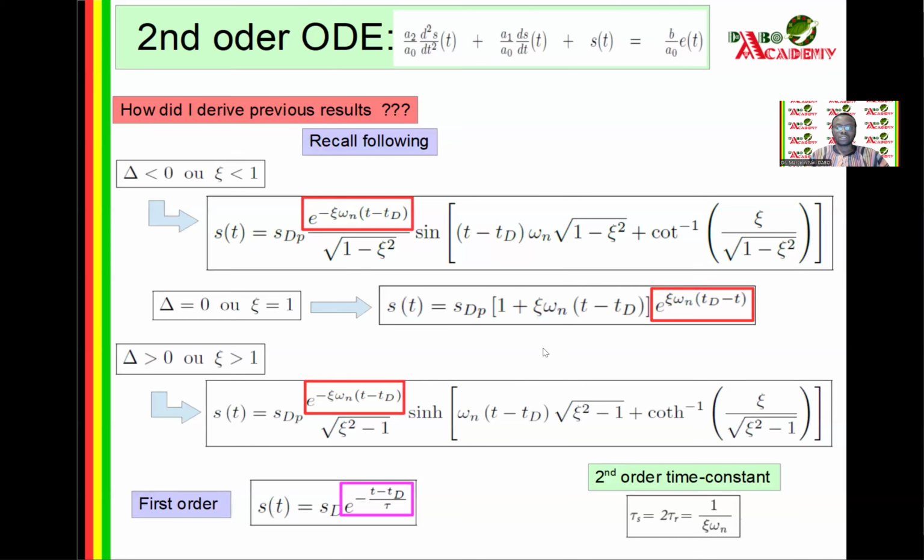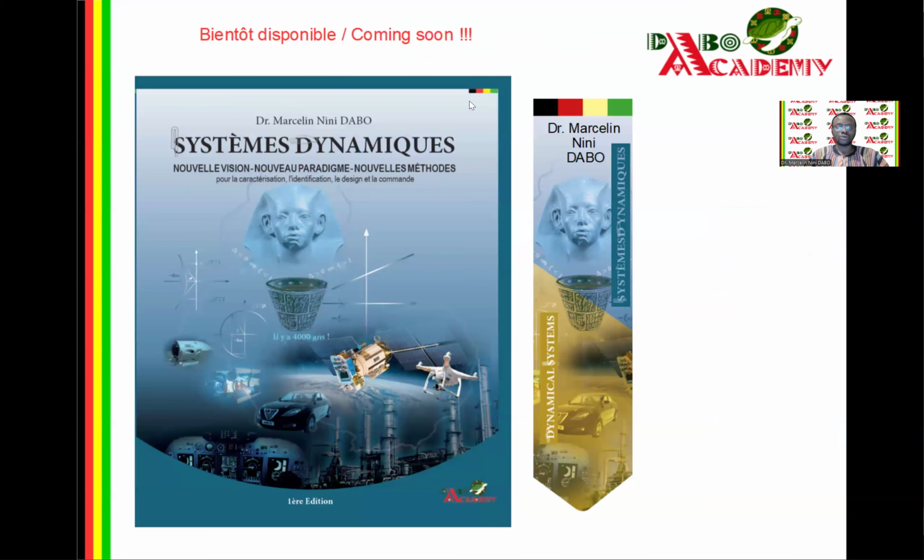So, all these results, as I told you, are synthesized in this book. I am the author of this book. This is a French version, so the English version is coming. And both of them are coming. This is the title: Dynamical Systems, New Vision, New Paradigm, New Methods for characterization, identification, design, and control systems.